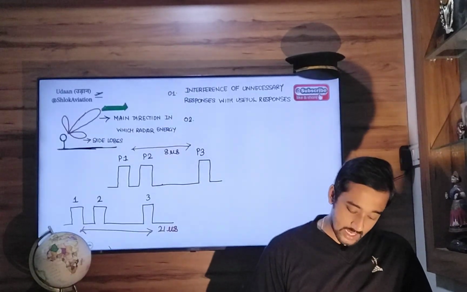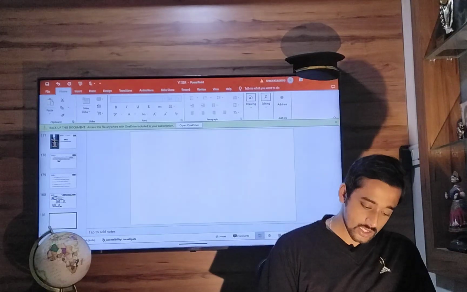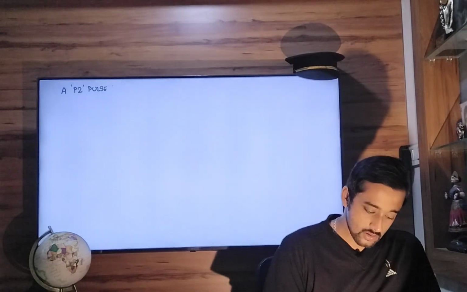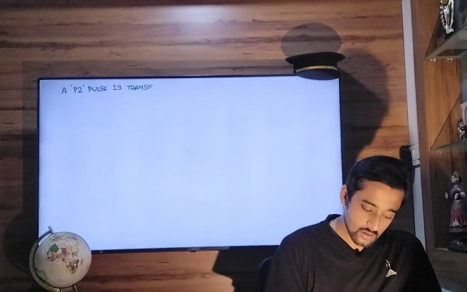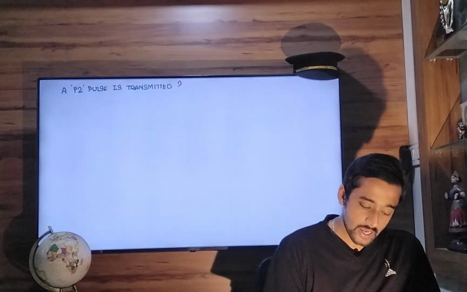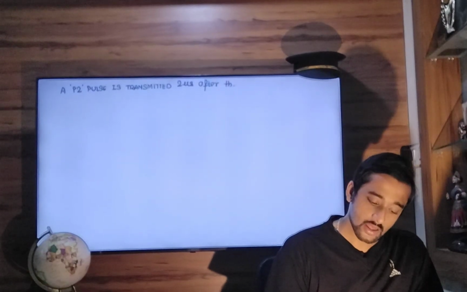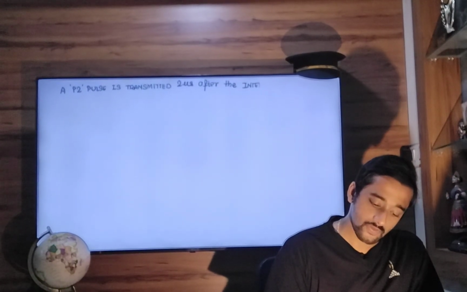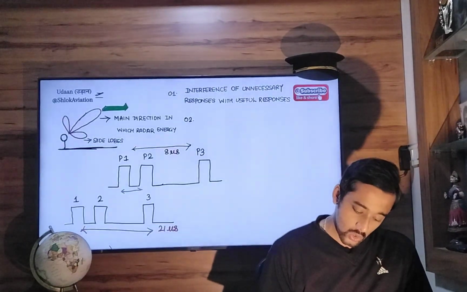I will take a new slide. A P2 pulse, make note of this, is transmitted 2 microseconds after the interrogation pulse. So the distance between P1 pulse and P2 is 2 microseconds.